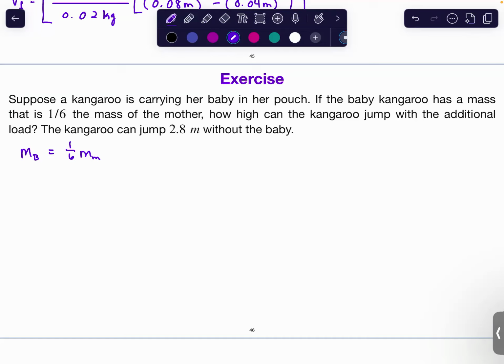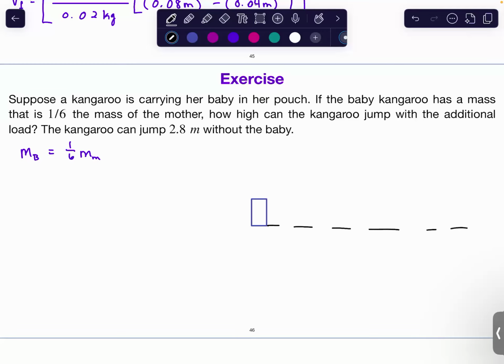Let's also try to think of a diagram for this. Can I just draw it? If you could draw a full-on kangaroo, go for it. The kangaroo is a rectangle. That's a beautiful kangaroo.